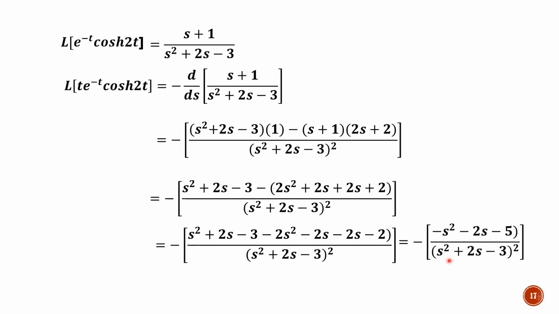So s square minus 2s square is minus s square. 2s minus 2s minus 2s will become minus 2s. Minus 3 minus 2 is minus 5 upon the denominator. So we have the answer as, if I take minus sign inside, s square plus 2s plus 5 upon s square plus 2s minus 3 the whole square.